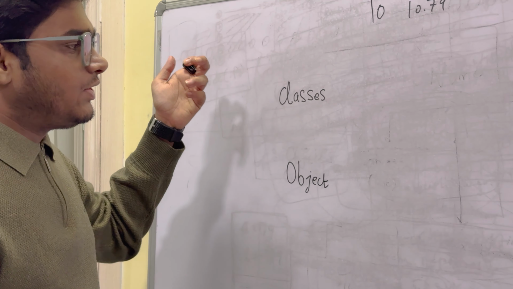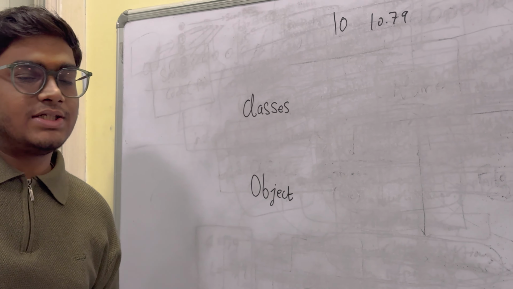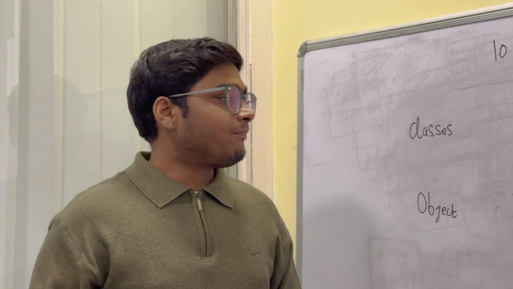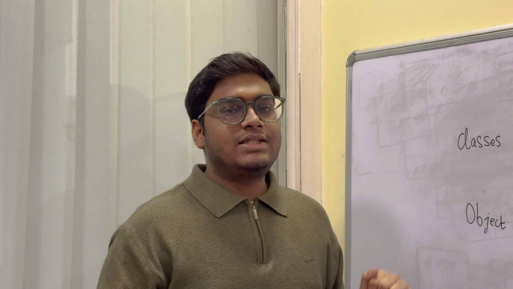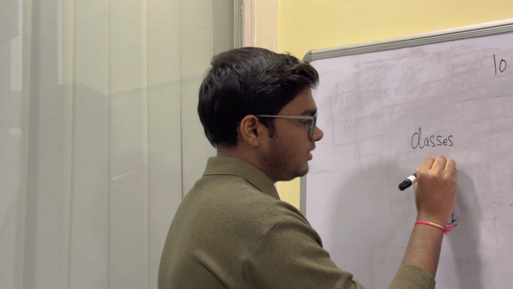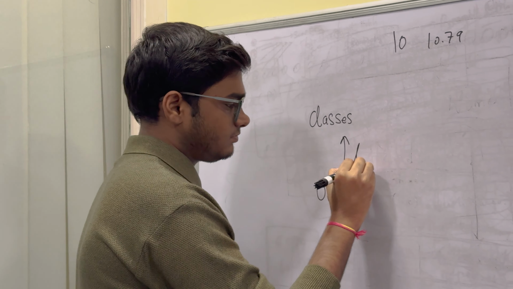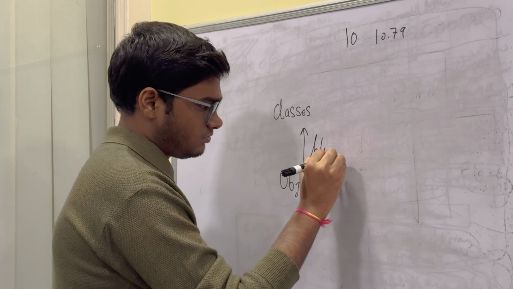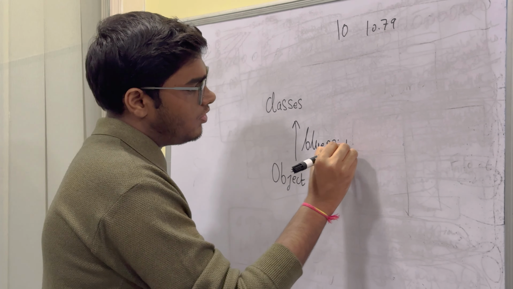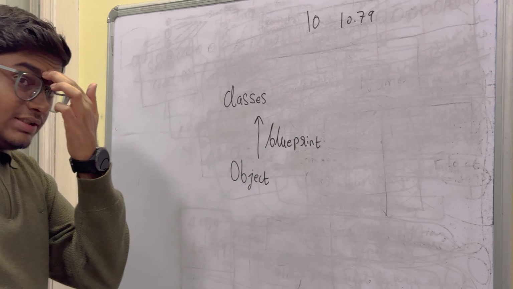Now, I think you all know the concept about classes and objects, but in case you don't, classes is like the blueprint of an object. So let me just write it. While an object is an instance of a class.